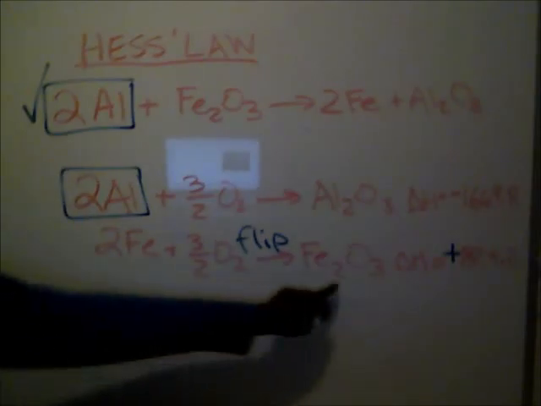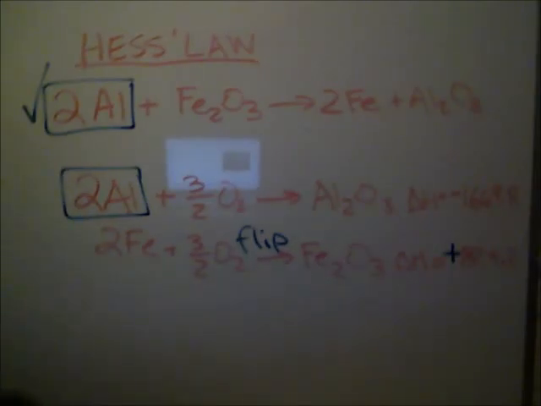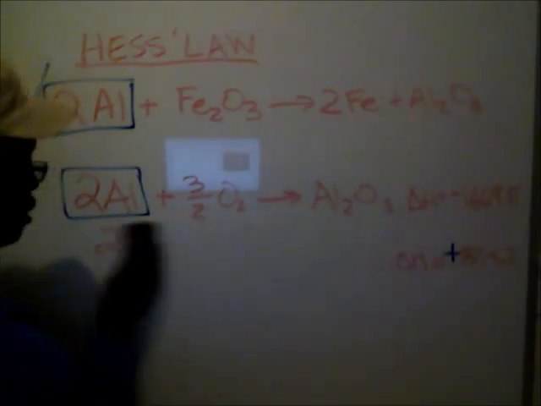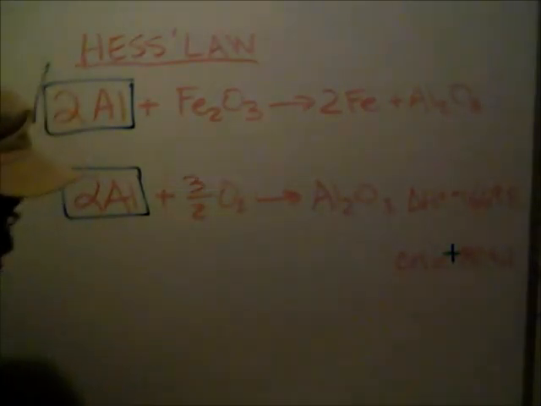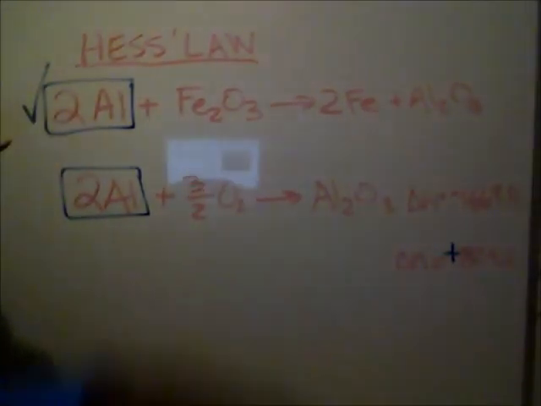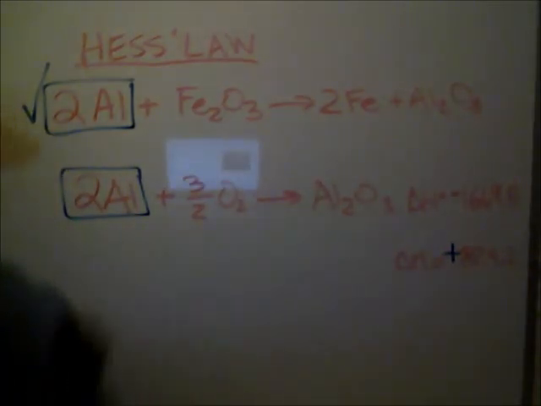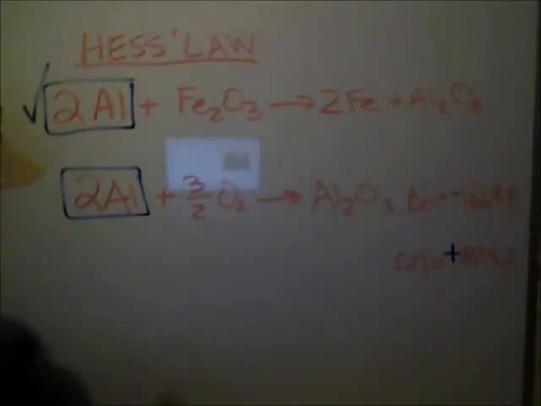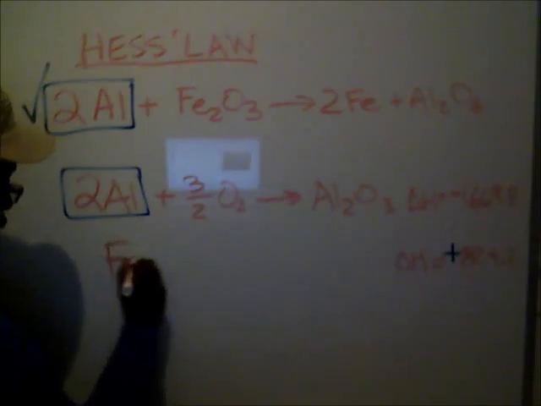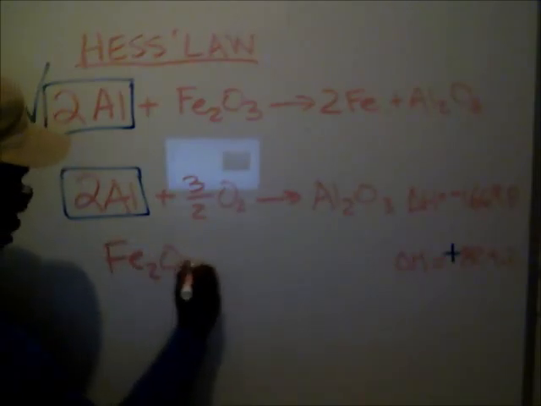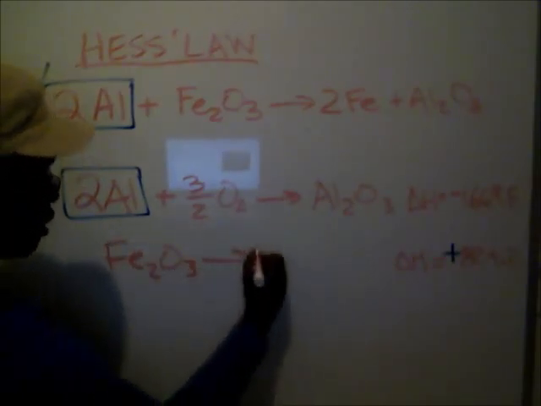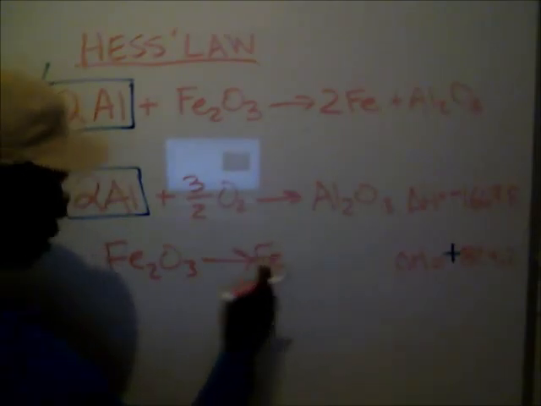And I'm going to flip this whole equation. So I'm going to erase it and rewrite it. But we're going to flip it. And when we flip it, what was the products now become the reactants. So the iron oxide is now going to be on this side, and then the iron would be here.